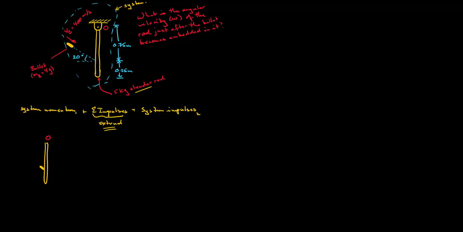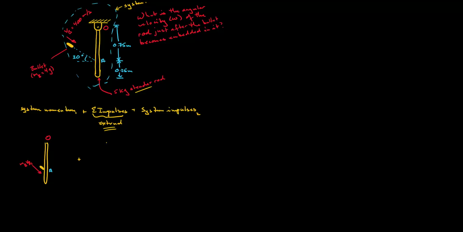It's going to have a certain momentum, which we will call m_B v_B, and we'll call this v_B1. And we'll define this point A, the point at which the bullet embeds itself in the rod. So this is our initial system momentum. And now let's show the impulses.